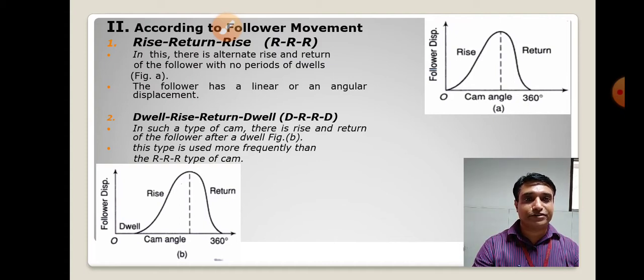We need to pay attention to this sentence. This can be seen in figure B. This type is used more frequently than the RR type of cam. It is a more popular and frequently used type of cam. Again, the angle of rotation of the cam is between 0 to 360 degrees. We can see the dwell, rise and return in figure B.